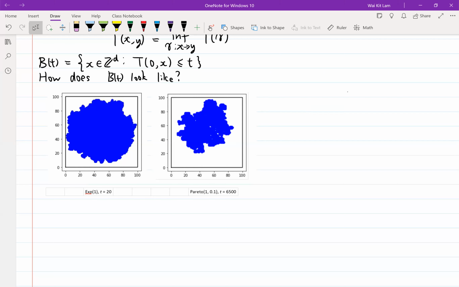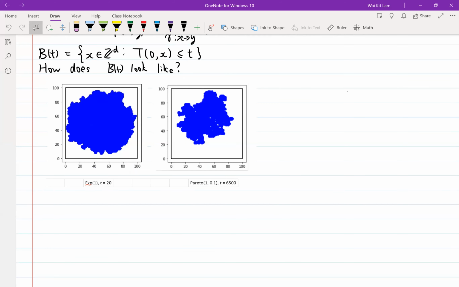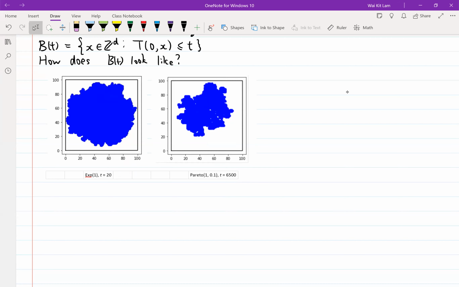So we want to understand this ball with t being large. In a certain sense, this B(t) will converge to something called the limit shape. To make it more precise, we will first let B(t) bar be a flattened version of this B(t).